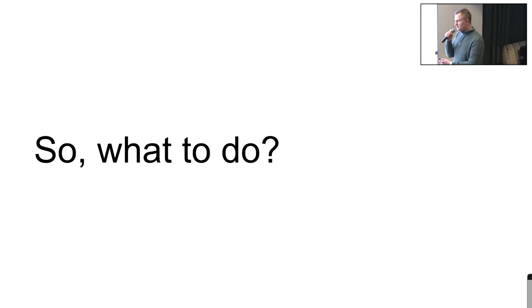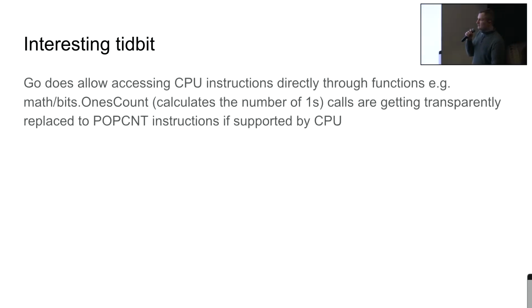So what to do? Another interesting thing: the Go compiler cheats a little bit. If you call certain functions from the Go code, the compiler can convert them, and does convert them if possible, to the actual corresponding CPU instructions. For example, if you want to calculate the ones count in some integer, the Go compiler will just replace it with the popcount instruction, which does everything.